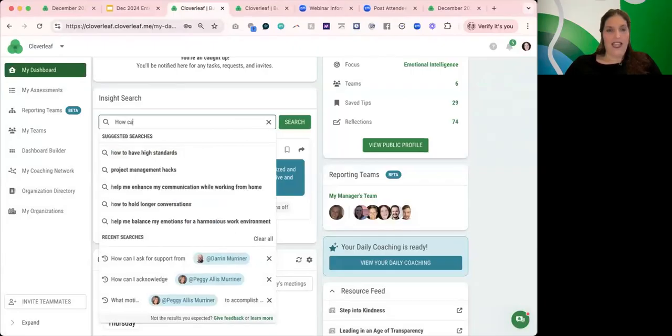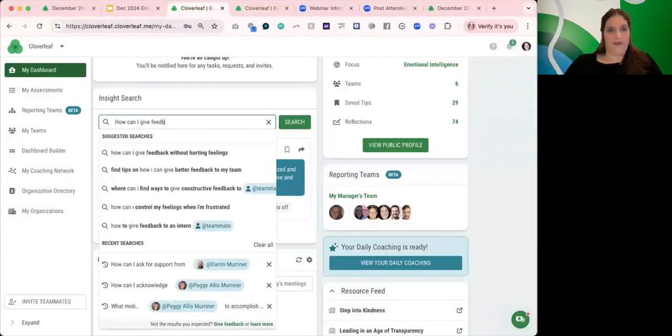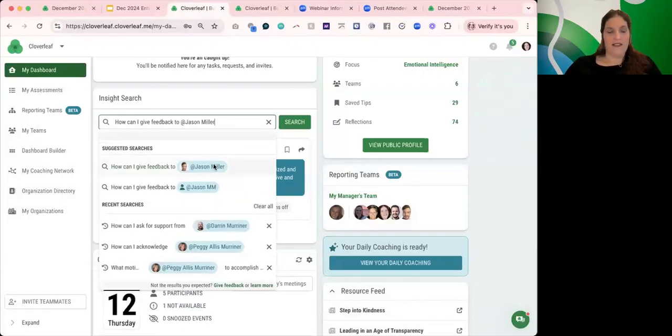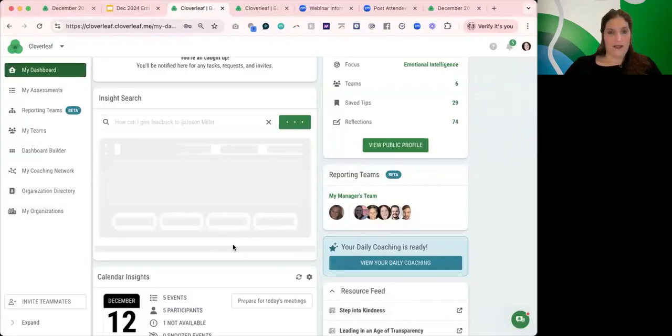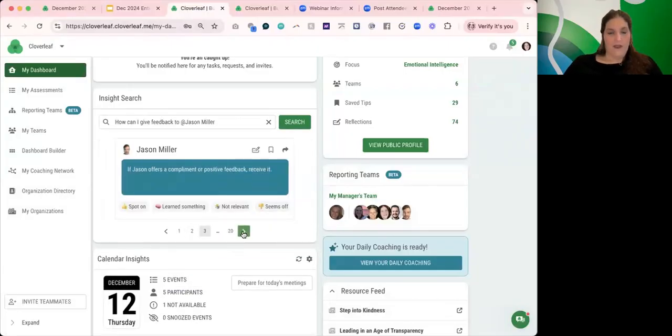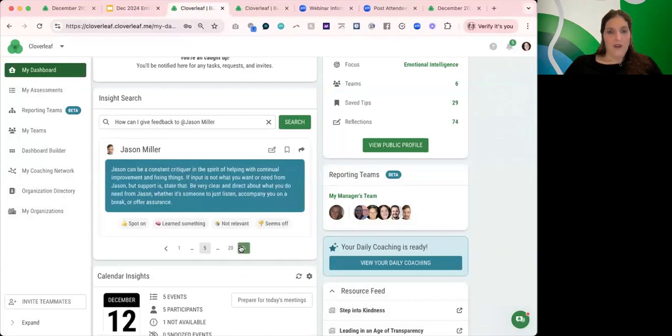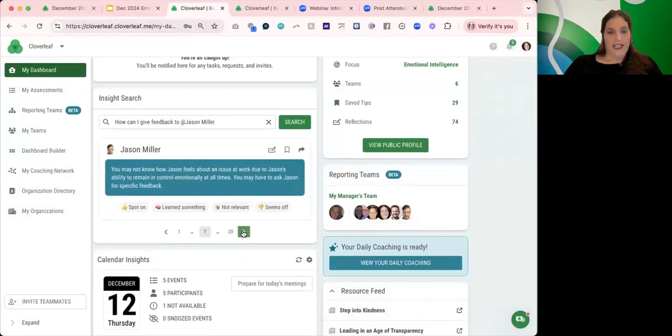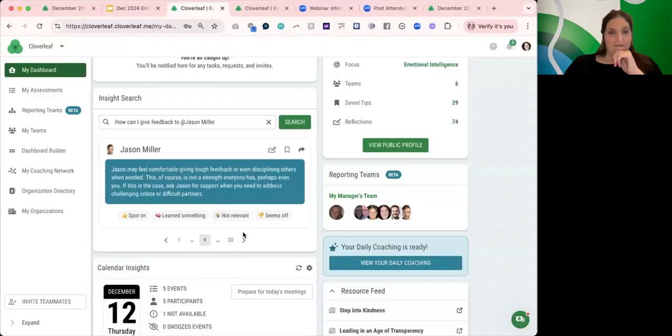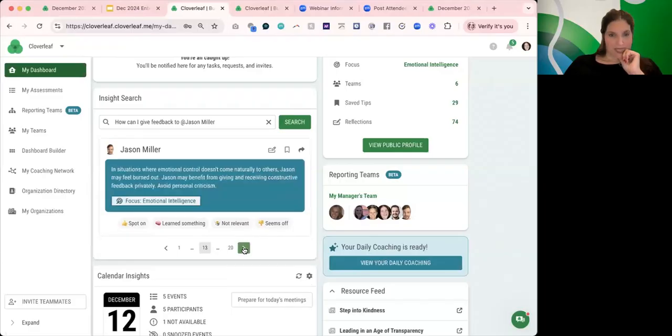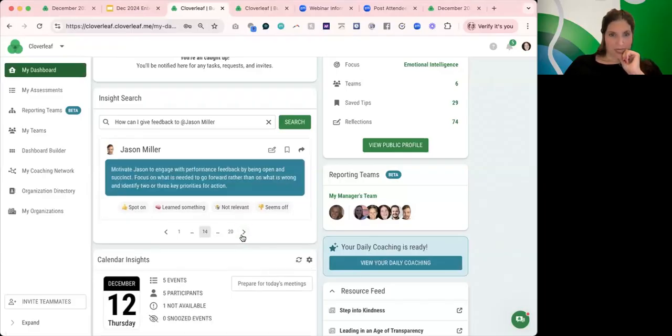So how can I give feedback? And I'm just going to use Jason here again, because how can I give feedback to Jason? Okay, so I'm going to just scroll through there, and I'm going to say, okay. Motivate Jason to engage with performance feedback by being open and succinct. So focus on what is needed to go forward rather than what is wrong.